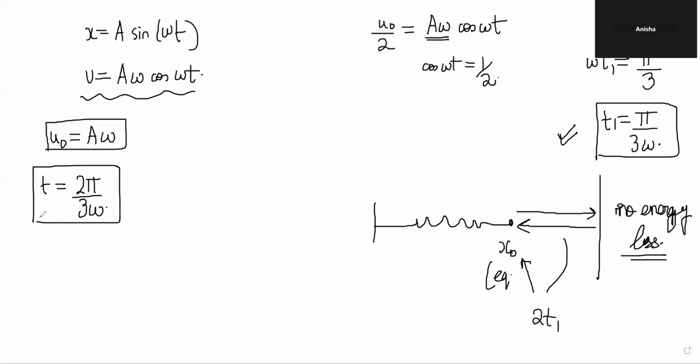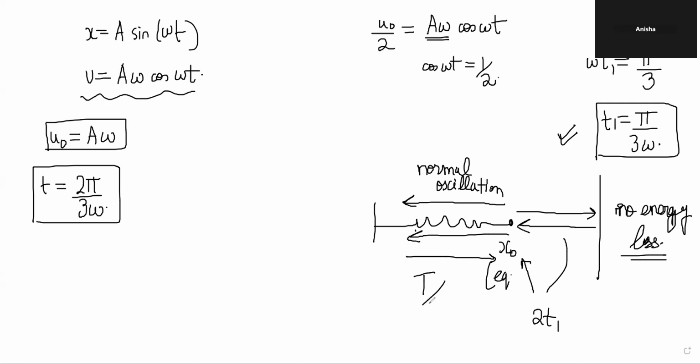The second half of the motion is normal oscillation, because there's no wall to stop it. It will just move normally, go in and come back. That whole journey takes capital T by 2 to go here and come here in a normal situation.